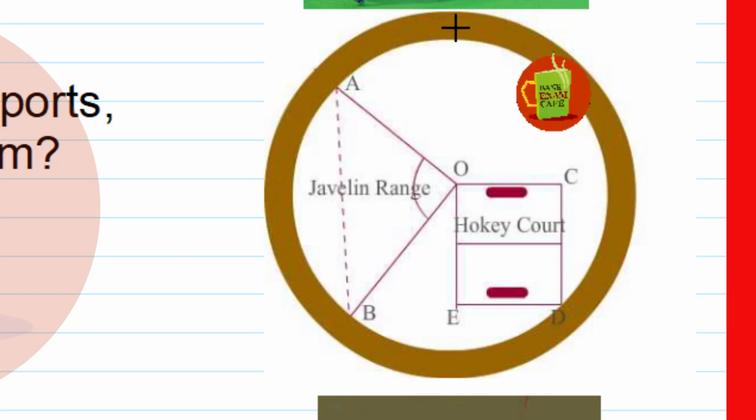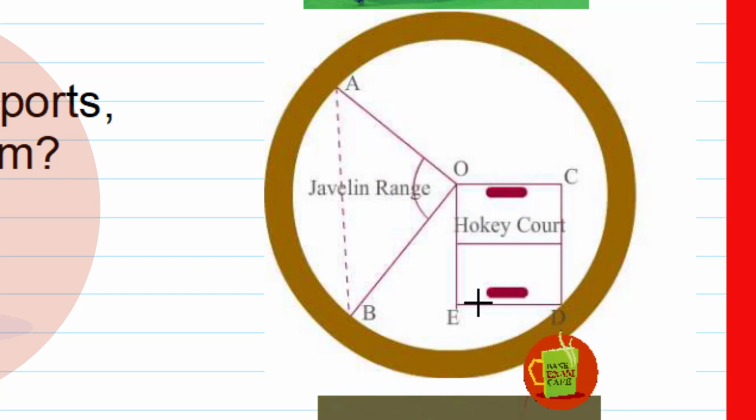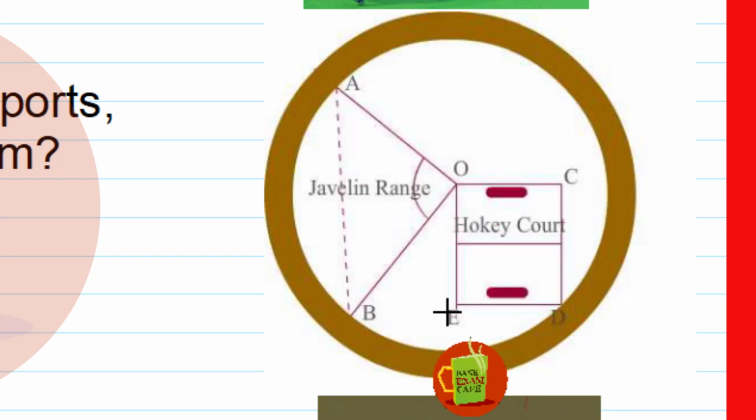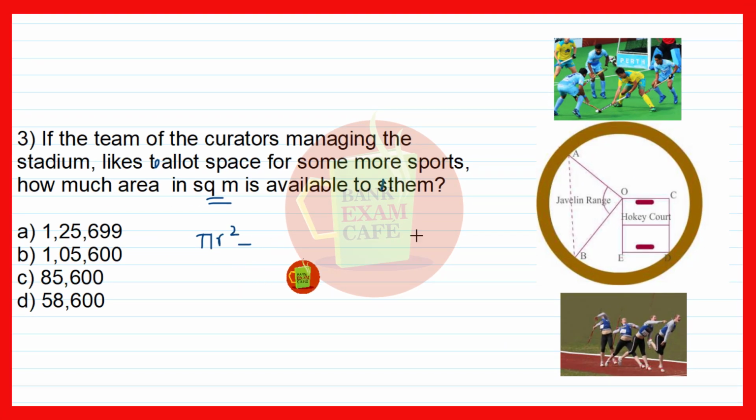So how will you find the remaining area? The area of the circle minus the area of the javelin range minus the area of the hockey court. The area of the circle is given by pi r square, minus the area of the javelin range, which we calculated in the previous questions, that is 20,000, minus the area of the hockey court, which is also 20,000. So pi r square minus 20,000 minus 20,000.